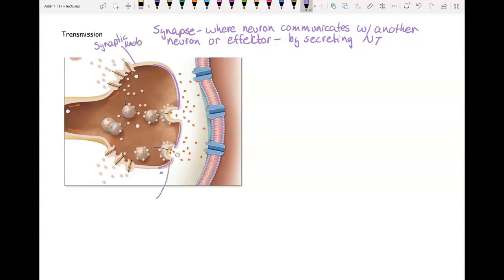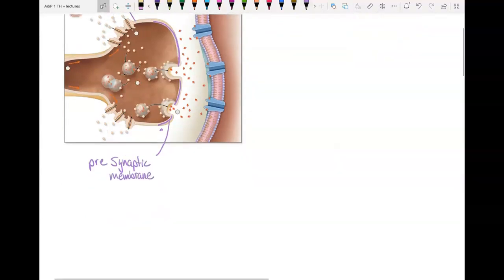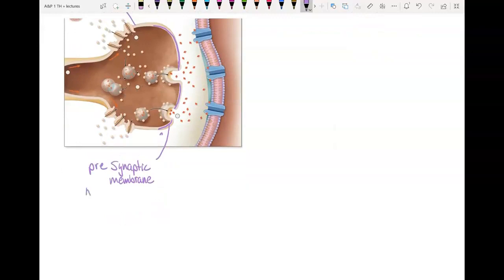And its membrane is called the presynaptic membrane. And one of the important features of this membrane is that it has a negative charge. And you'll see in a few minutes why that is important.